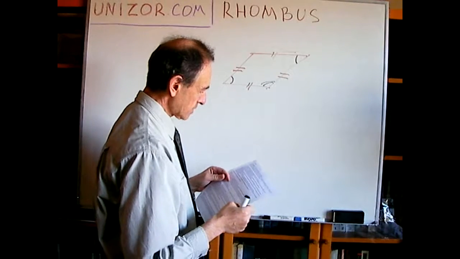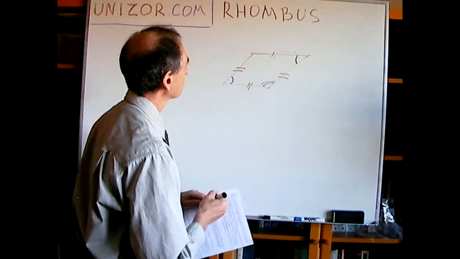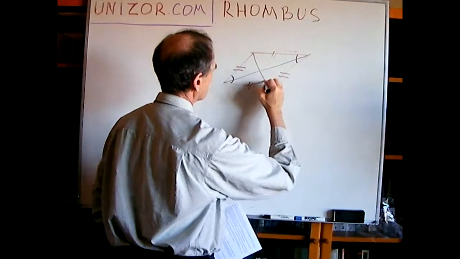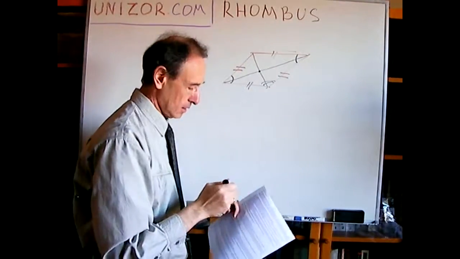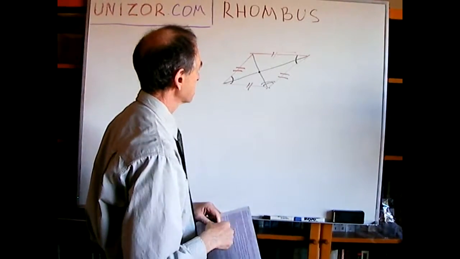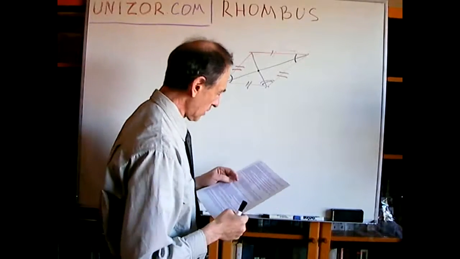A point of intersection of diagonals in a parallelogram divides each diagonal into two congruent parts. Okay, so if you have two diagonals, 1 and 2, this point divides each diagonal into two parts congruent among themselves. And this is true, obviously, for a rhombus as well, because rhombus is a parallelogram.